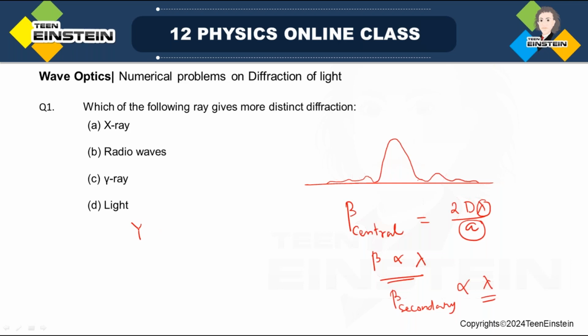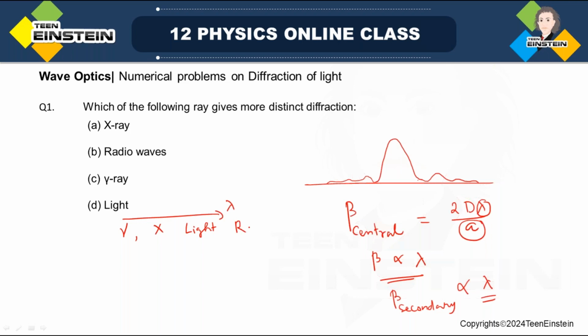If you remember the spectrum, wavelength is increasing in this way. First gamma ray, then comes X-ray, then visible light, then radio waves.